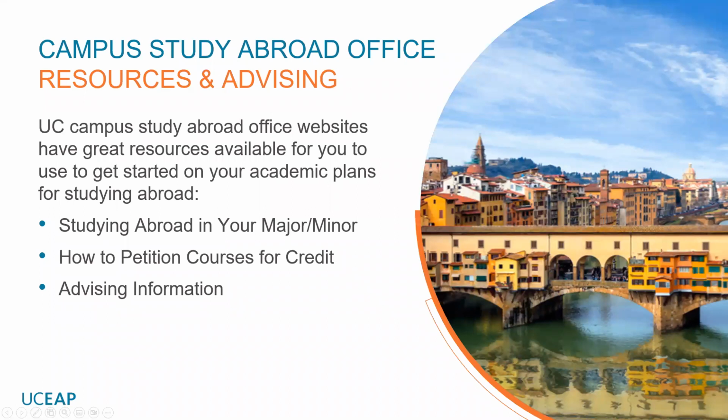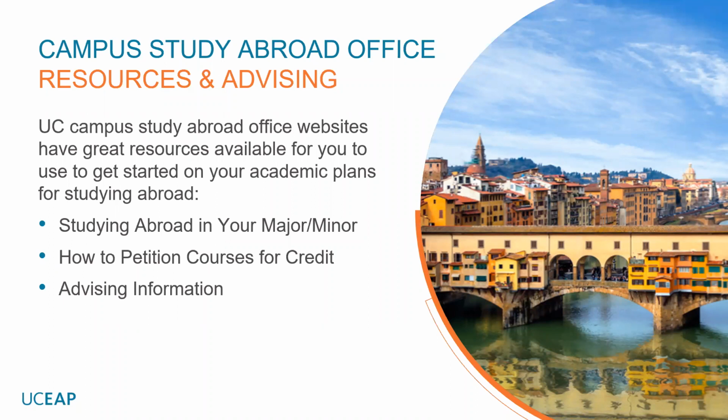Now that we've provided you with an overview of the resources found on the UCEAP website to help you learn about courses abroad, we want to introduce you to information that is available on your UC campus. The most important resource on your UC campus is your Campus Study Abroad office. Your study abroad advisors offer a wealth of experience and resources to support you during the entirety of your study abroad process, from selecting a program to returning home and finalizing your credit for courses.